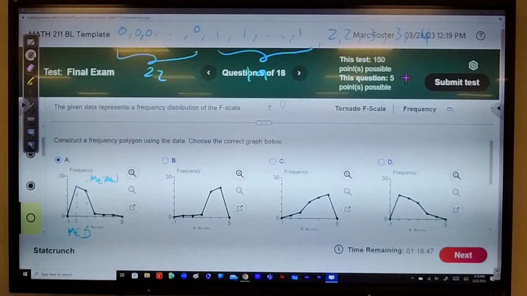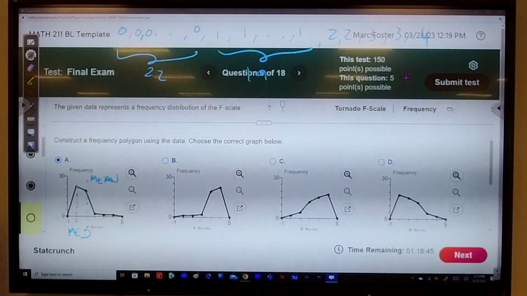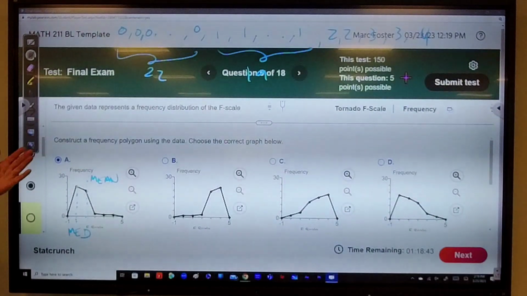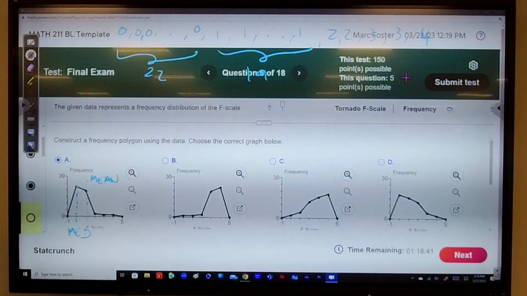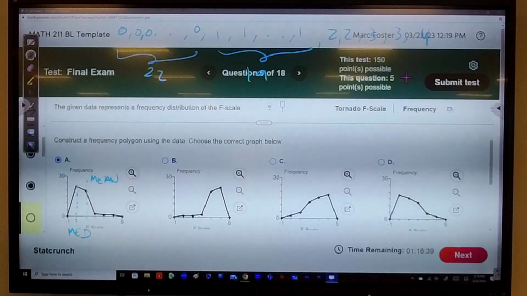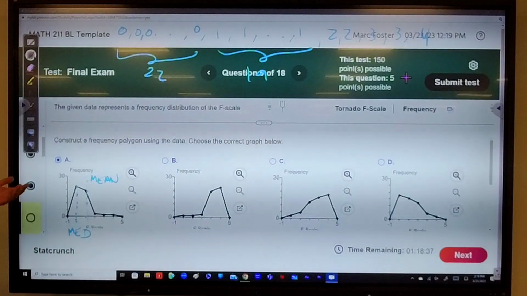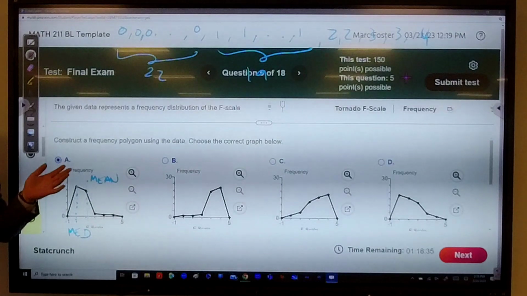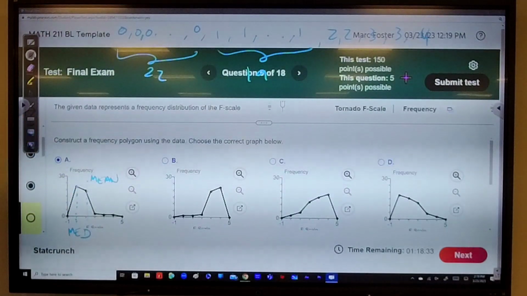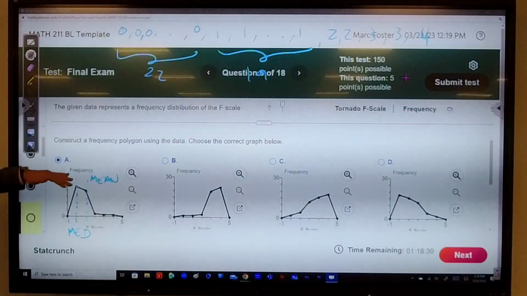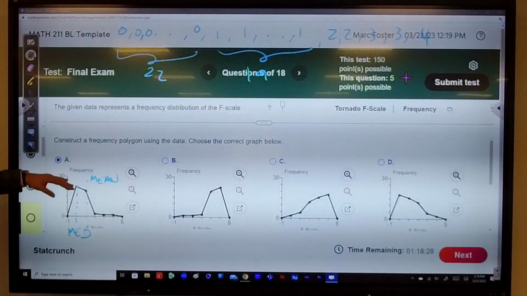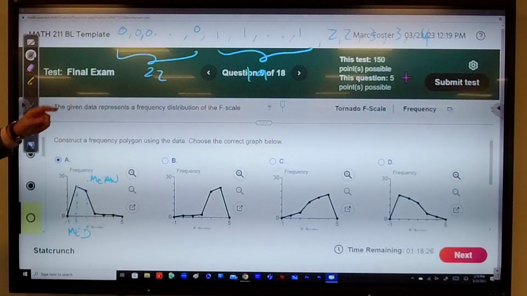I could add all that up and then divide by how many, and that's my mean, and it's going to be bigger than the median, for sure, because of the 4s and the 3s.